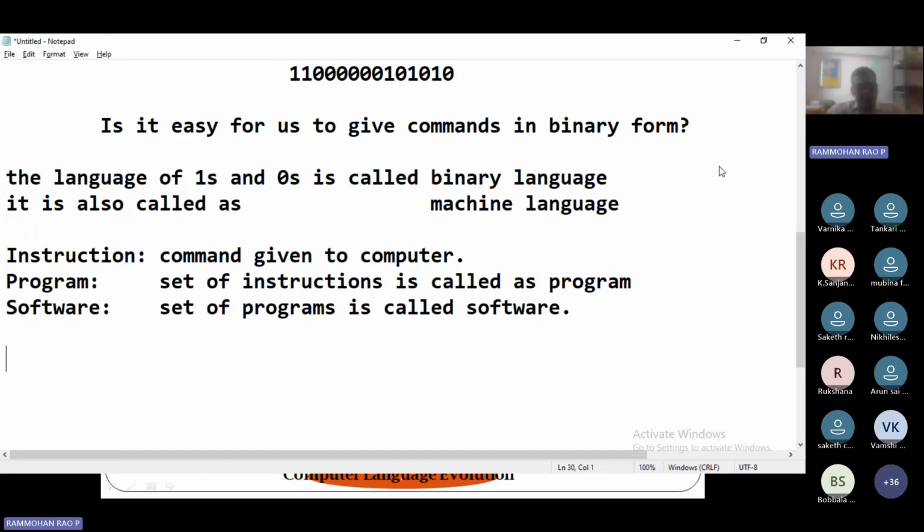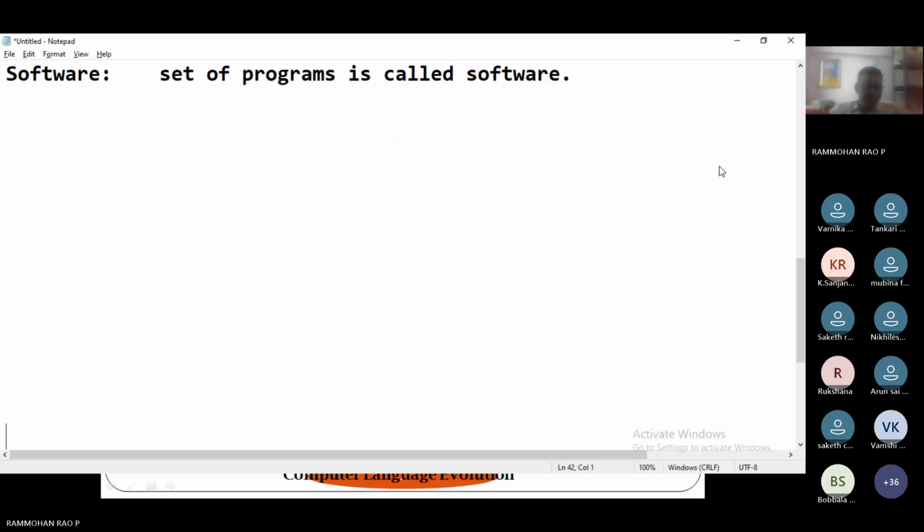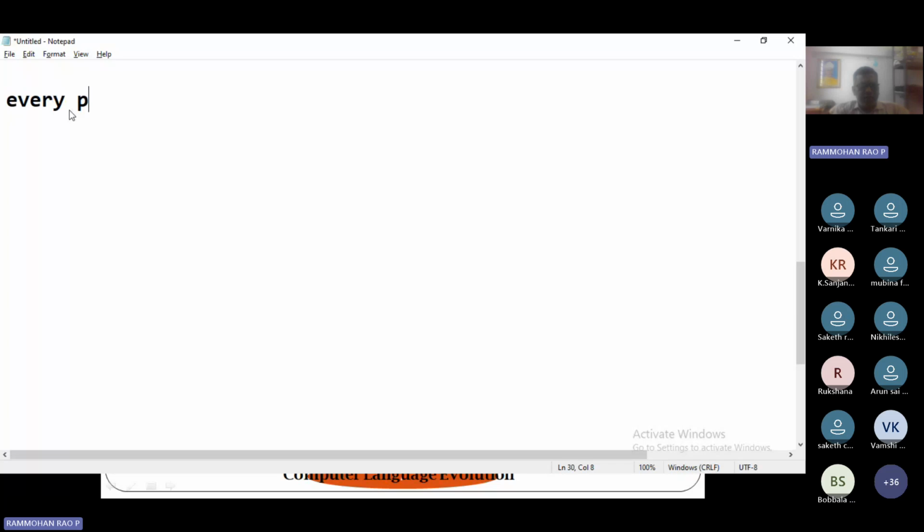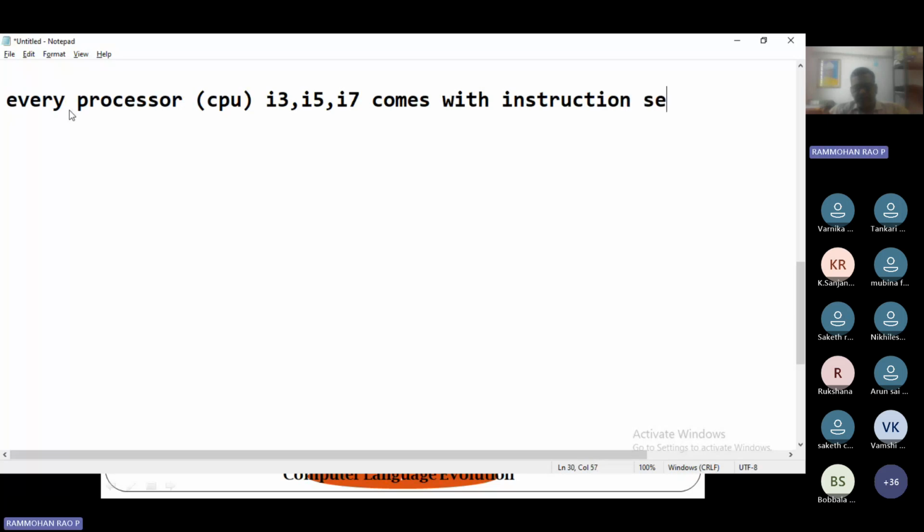Now let me elaborate a little bit to explain more clearly what this machine language is. Listen to me carefully. Every processor, nothing but the CPU, for example i3, i5, i7, which you will have in your laptop, comes with an instruction set.